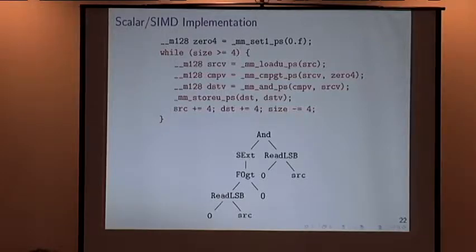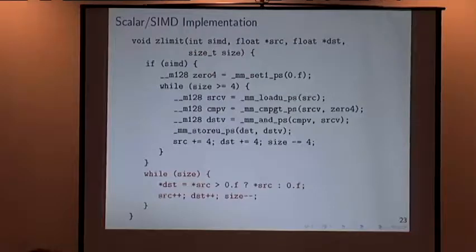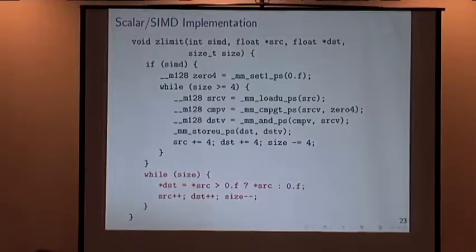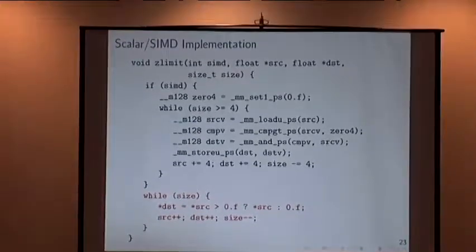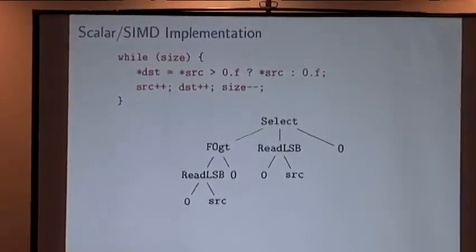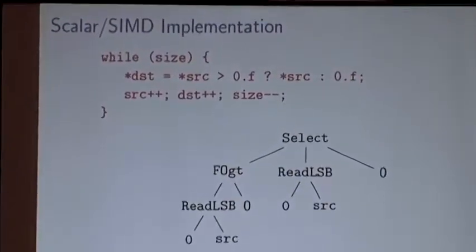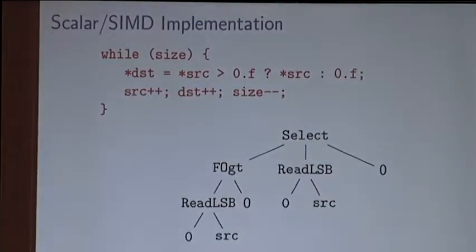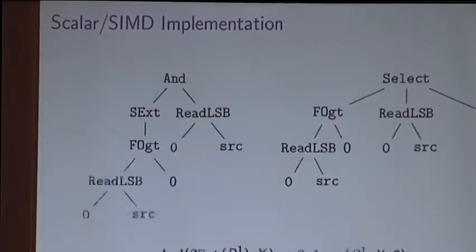We also have read LSB, which just represents the read from the source array. So that's the SIMD implementation. The scalar one is much simpler, as you can see, and that's its expression tree. We have select, which represents a ternary select operation. That's the only new thing. We again have the comparison and the array read.